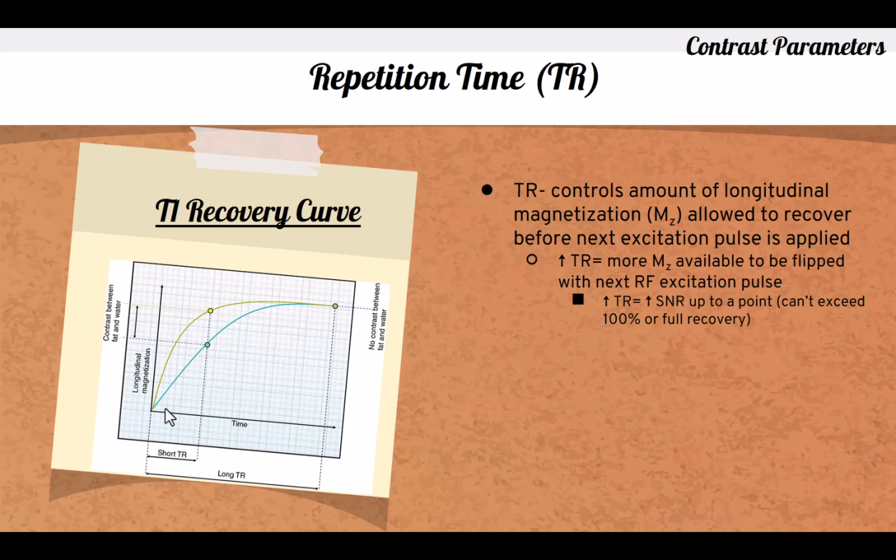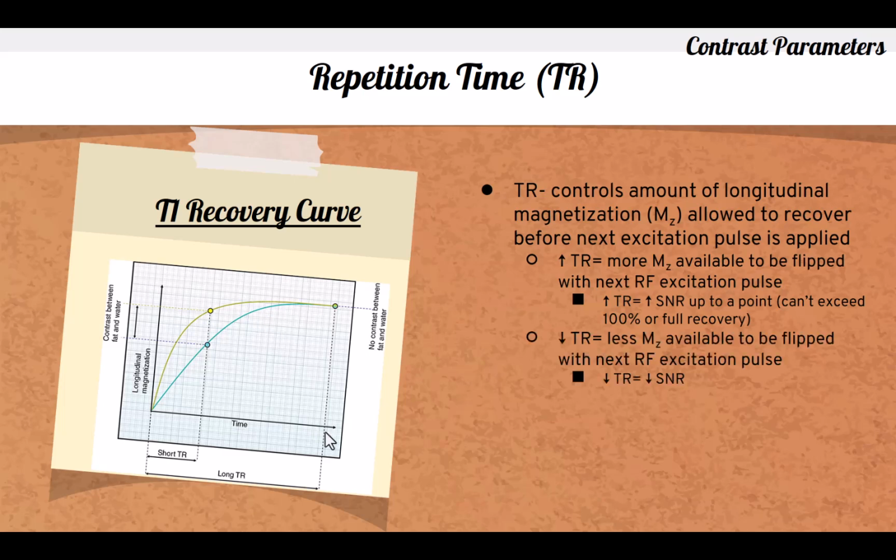As you can see here with the T1 recovery curve, as fat and water both recover up the longitudinal plane, as you increase your TR, these tissues are allowed to fully recover up to their original height, or 100% recovery. So as you increase your TR, you're going to increase the amount of signal up to a point, because you can't ever recover past its original value or past 100% recovery.